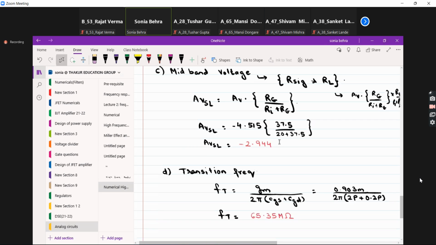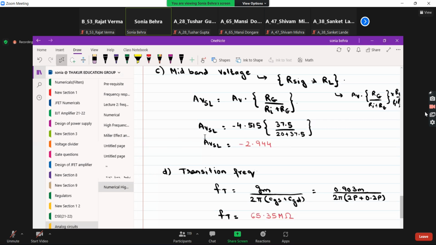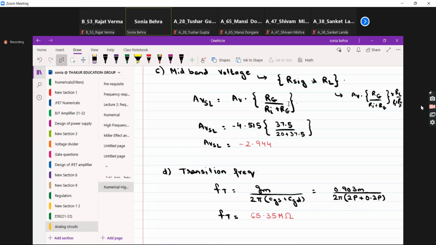So with this, we finish off your first chapter, that is frequency response. Now we have solved one numerical based on FET, high frequency. In low frequency we solved BJT, and FET I assigned you as self study. Here I did the reverse: in high frequency FET is done, and BJT I will give you as self study.